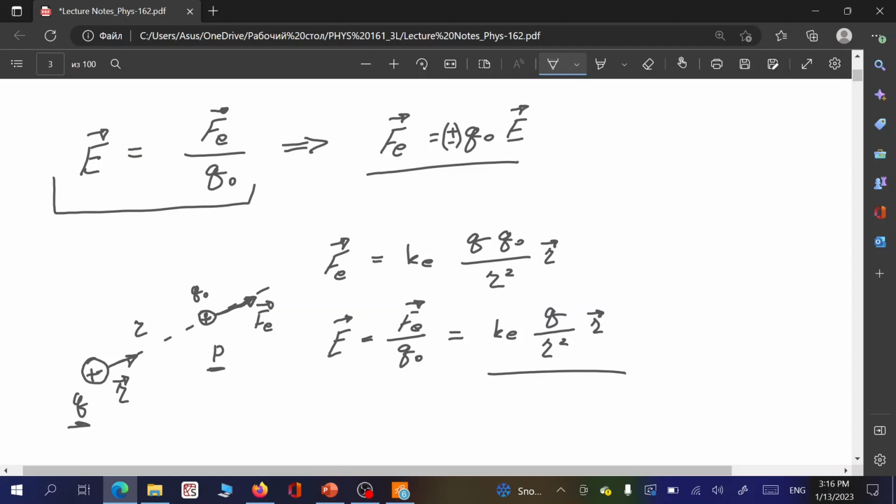If negative, then the electric field vector will be oriented in the opposite direction with respect to this unit vector r. Since in this case we have both positive charges, so this charge Q, the source charge, is positive, then the electric field vector and unit vector coincide. So we can draw the orientation of the electric field vector here in this point P. So this will be our electric field vector.